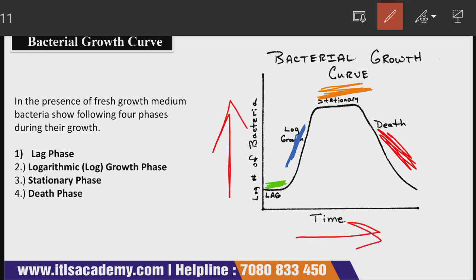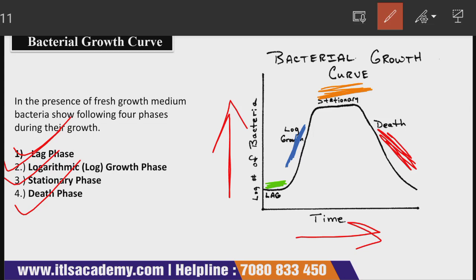So in the presence of a fresh growth medium, bacteria show the following four phases during their growth. The first one is the lag phase, second is log, third is stationary, and last one is the death phase. In the lag phase, the green one, bacteria are preparing for growth, preparing for division.